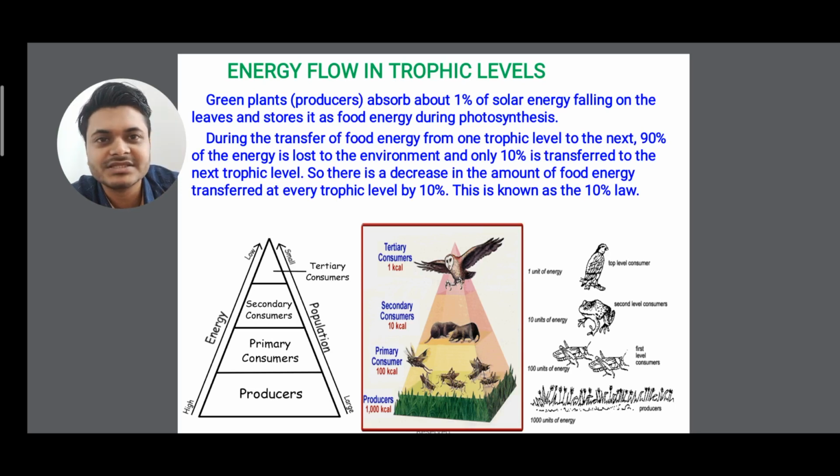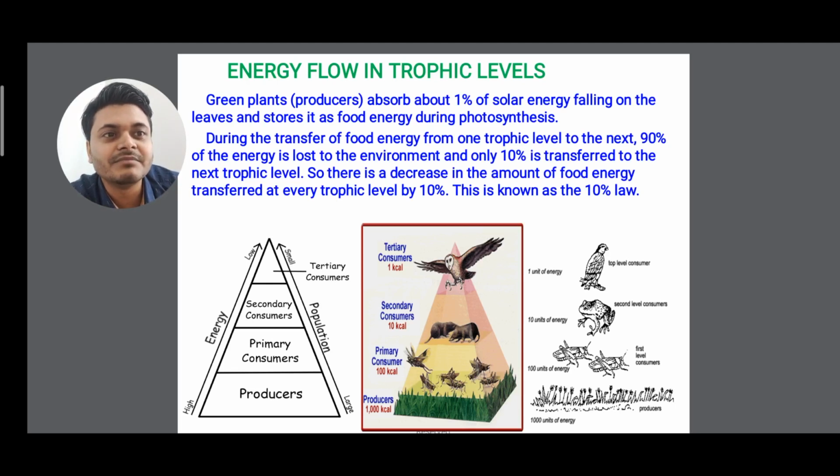Producers are plants. The plant does photosynthesis, and when the primary consumer, consider it a rabbit, eats the grasses, it takes only 90% of the energy, because 10% is deducted. That is the energy flow in ecosystem.